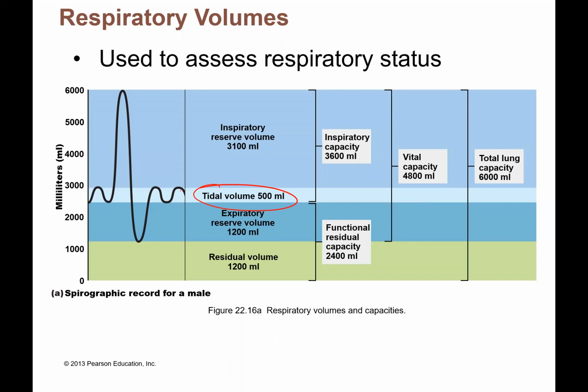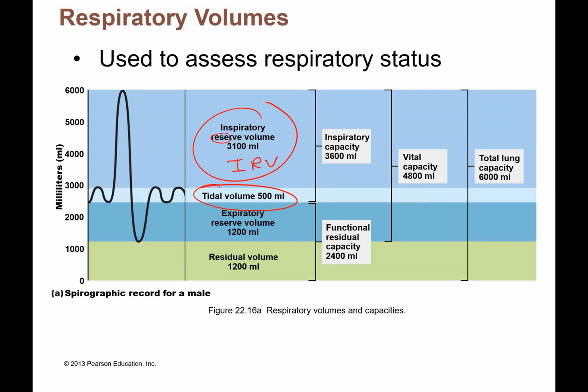Then you have this inspiratory reserve volume, or IRV. This is the additional amount of air that can be inhaled after a normal inhale, because it's a reserve. I'll say that again. The IRV, or inspiratory reserve volume, is the additional amount of air that can be inhaled after normal inhalation.